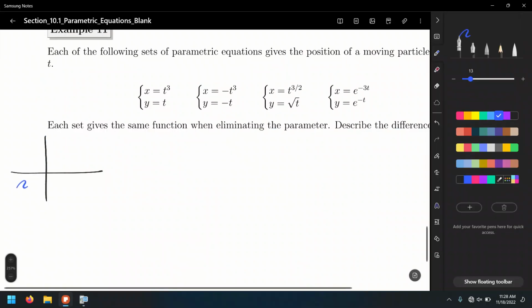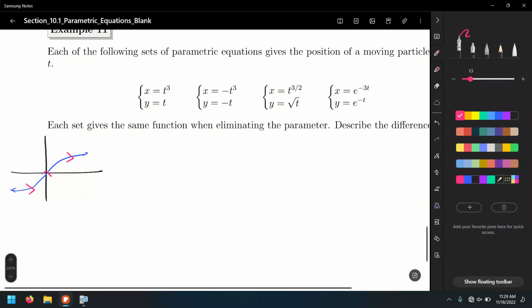So that's the graph of f of x equals, well, we don't know yet. However, make sure to draw arrows to denote the direction of the particle. Now, let's eliminate the parameter to find out what function this is. That takes us back to what we learned last time. In order to eliminate the parameter, go to the easiest equation in your set of parametric equations, which I think is the second one.